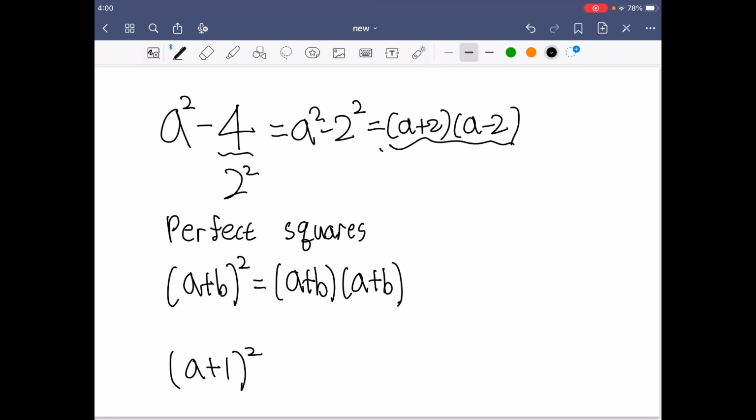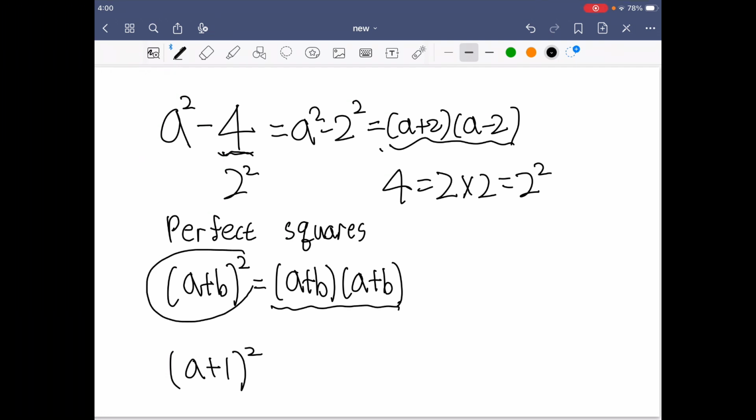Like 4 is 2 times 2, so we could write 2 squared. So it's the same, a plus b times a plus b, and we can abbreviate this form as a plus b squared.